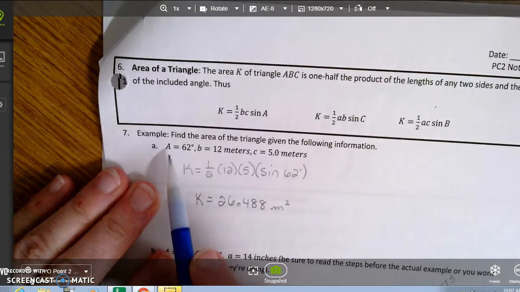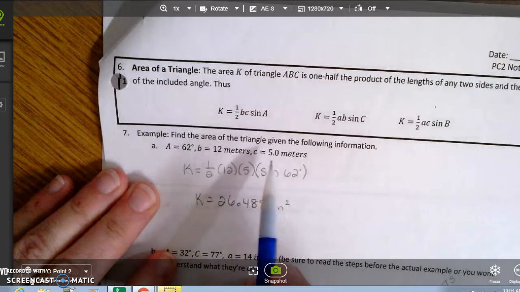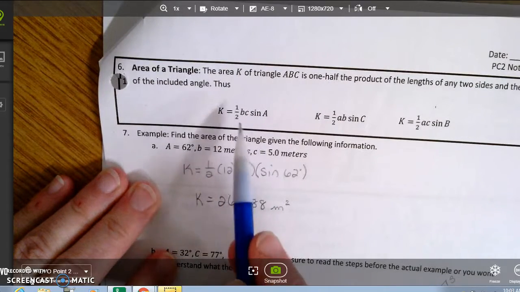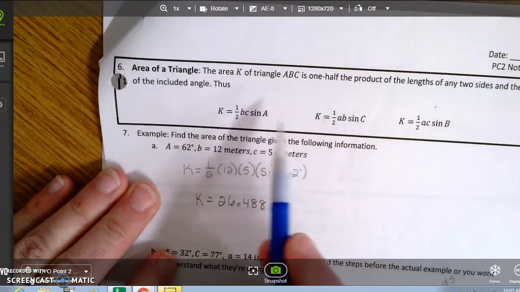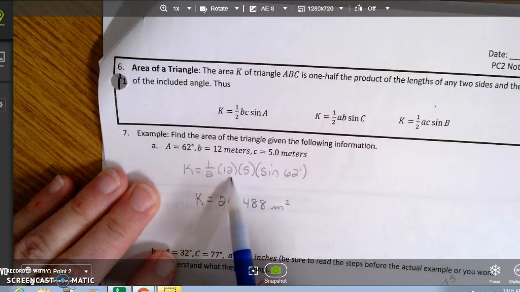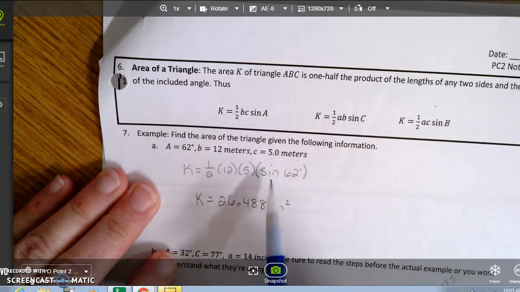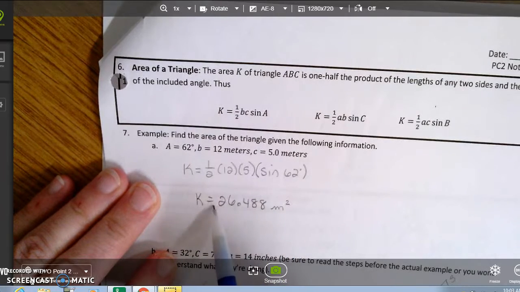So here again we have an example where I have angle A is 62 degrees, I know side B, and I know side C. So I don't know that this is a right triangle, so I'm using one of these formulas to find the area. So I have 1/2, and then I'm using this formula right here, B times C sine of A, and so I can find out that the area of the triangle is 26.48.